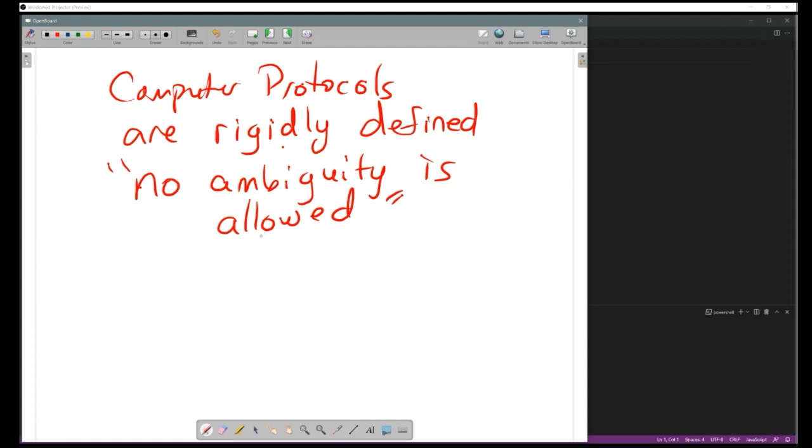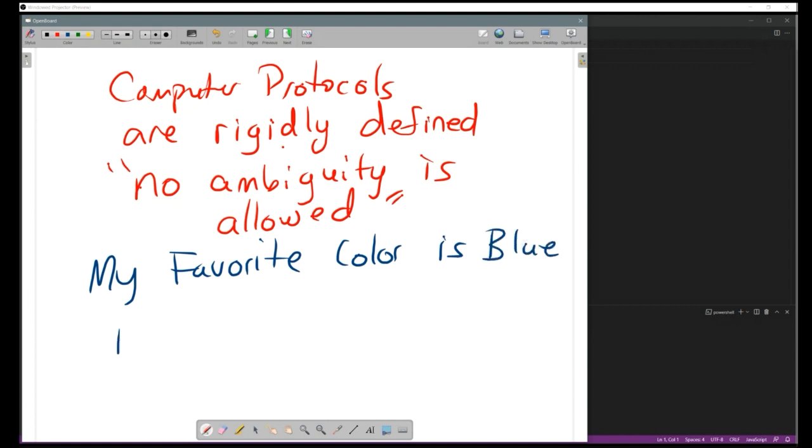Okay, so for instance, consider the following sentences. My favorite color is blue. And blue is my favorite color.